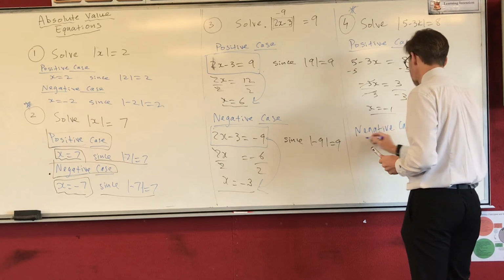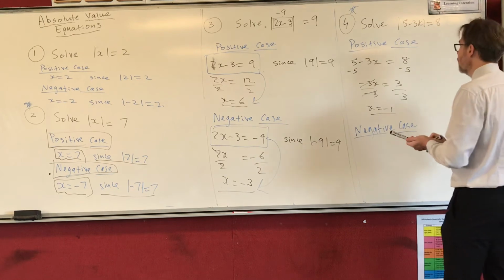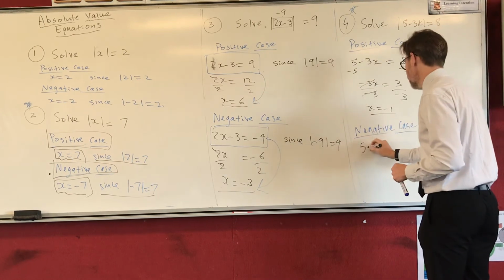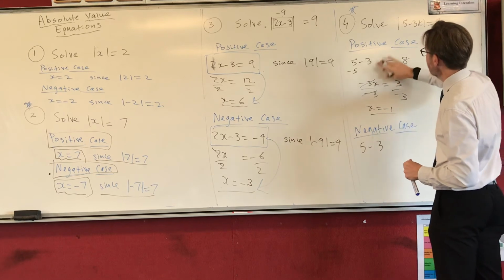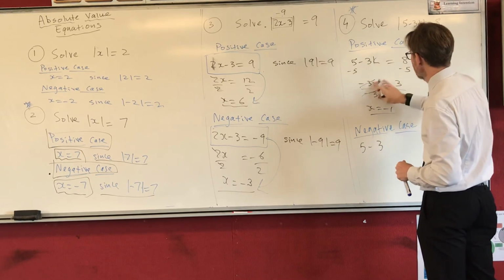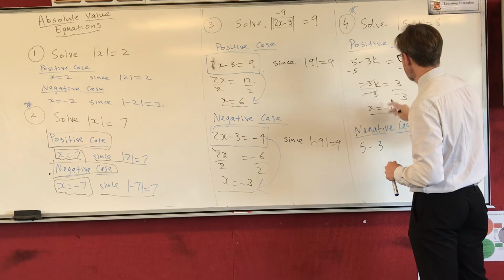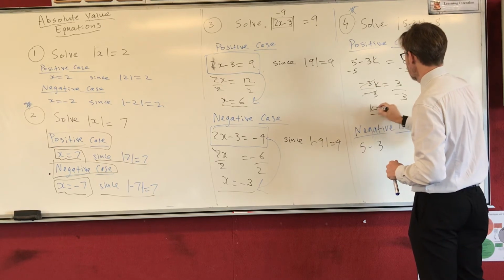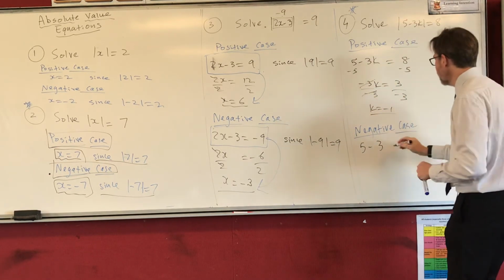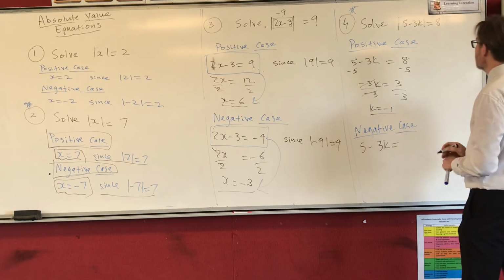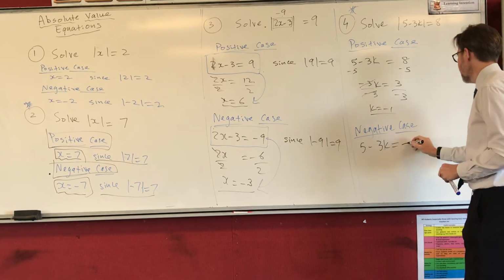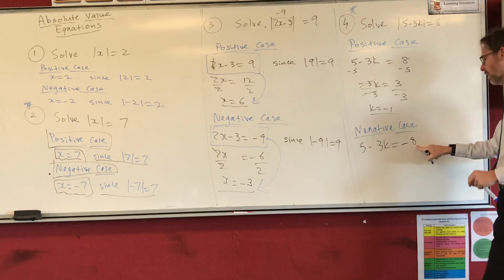Negative case. So for the negative case, 5 minus 3, that should have been a k there, shouldn't it? Not x, that should be a k. I'll change that to a k, and that to a k, just to be consistent with that. Negative case, 5 minus 3k is equal to negative 8. So this is the negative case.